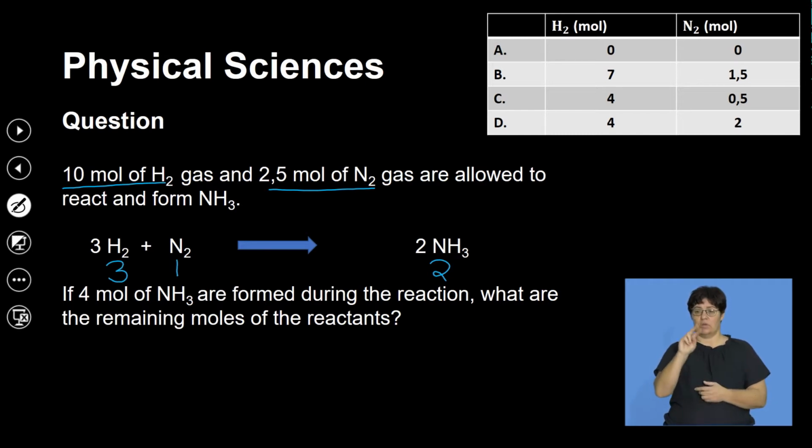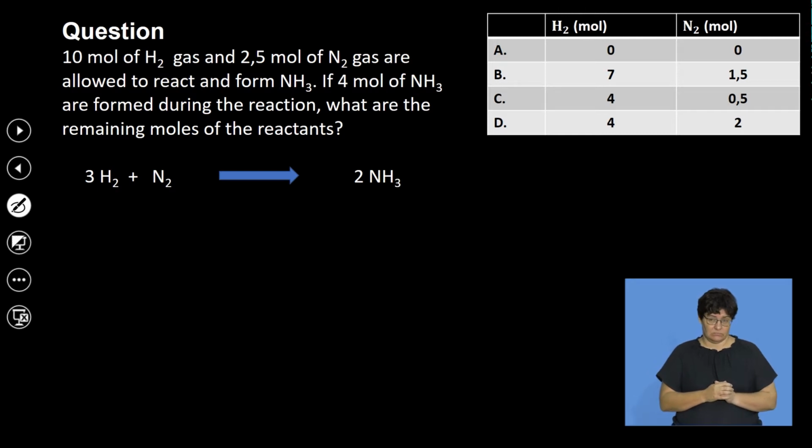So we are told that if 4 moles of ammonia are formed during the reaction, what are the remaining moles of the reactants, right? So we want to know that after forming 4 moles of ammonia, how much will be left in terms of the hydrogen and the nitrogen, right? Okay, so we know that we have got 4 moles of ammonia that are formed.